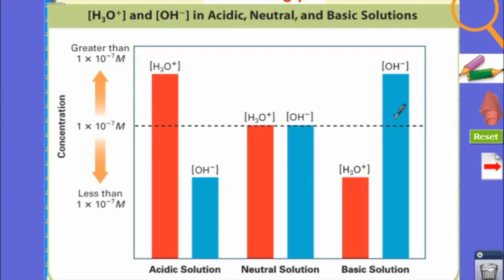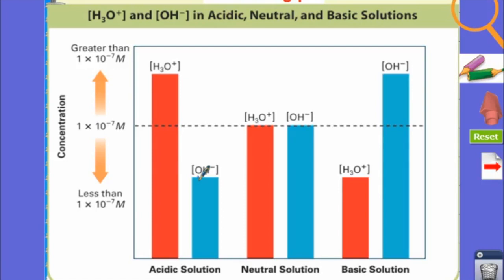Okay, now let me repeat with pH. No, we are not at pH yet, but I can say it with pH. Let's start again. If the concentration of hydronium ion is greater than the concentration of hydroxide ion, the solution is acidic. Therefore, the pH is less than 7.